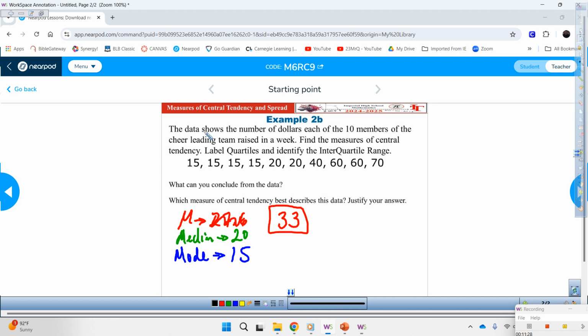Let me read the problem again. The data shows the number of dollars each of the 10 members of the cheerleading team raised in a week. Find the measures of central tendency. Label the quartiles. Let's label the quartiles. So tell your neighbor which one of these is quartile number 2. Remind them. Quartile number 2.